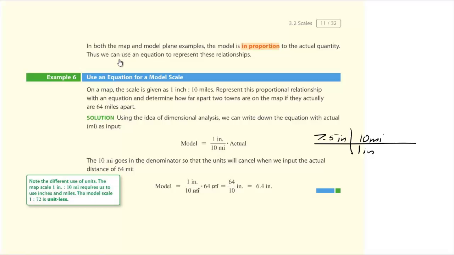Because if this fraction equals 1, it equals 1 in both directions. So I can list it in either direction. And obviously I want to do it this way because I want to be able to cancel the inches. So if I have inches up here, I need inches on the bottom. And now when I do the math, right, 7.5 times 10, I get an answer of 75 miles, and I know those two cities are 75 miles apart.